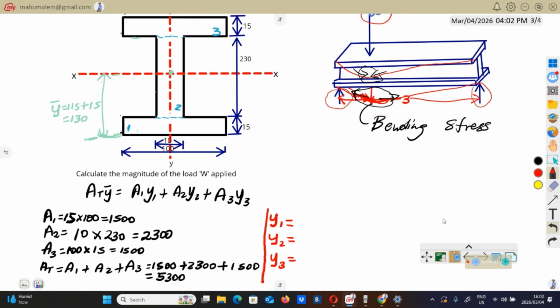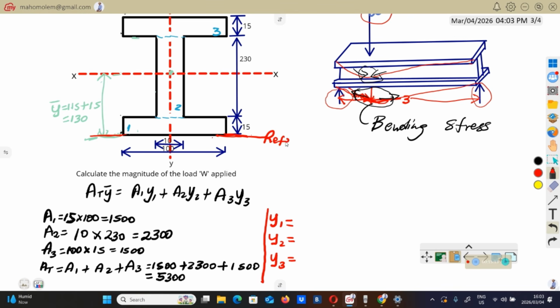So these y values are the vertical distances from the reference. And for vertical distances, it's not a must, your reference can be from anywhere, but always let's make our reference to be this bottom. The bottom of this thing will be our reference.